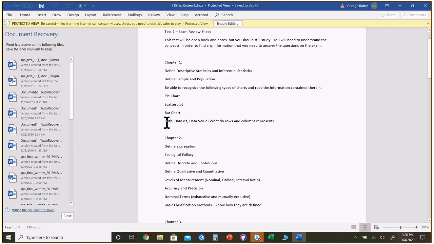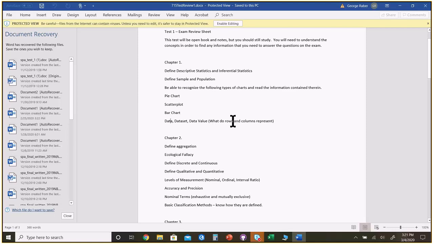Okay. Then the next one is you should be able to understand data. So what is data? What's a data set? And what is a data value? Data value is basically the intersection of a row and a column.